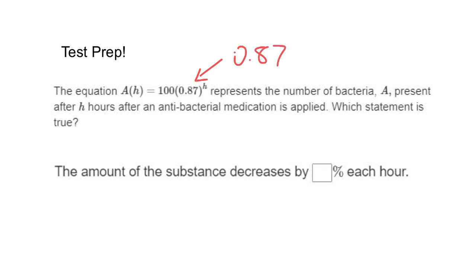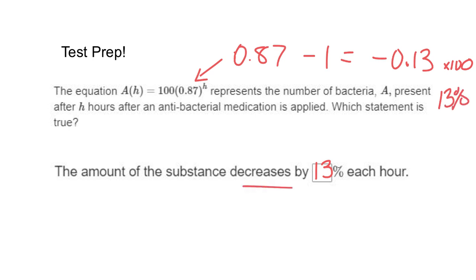To find how much it's decreasing by, we've got to subtract 1 from that, and we get negative 0.13. That tells me it's decreasing by 13% each hour. Remember, when you get this decimal, to change it back to a percent, you can just multiply it by 100. And that's where we're getting our percentage from. The negative part doesn't matter. That's just the thing that told me it was decreasing.